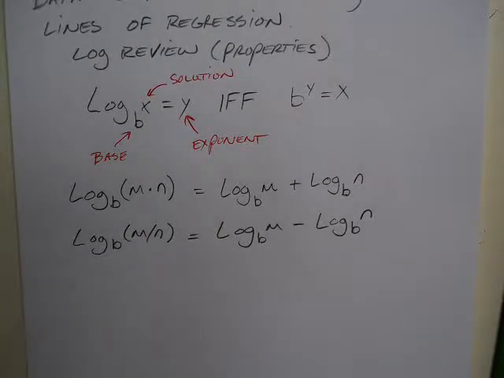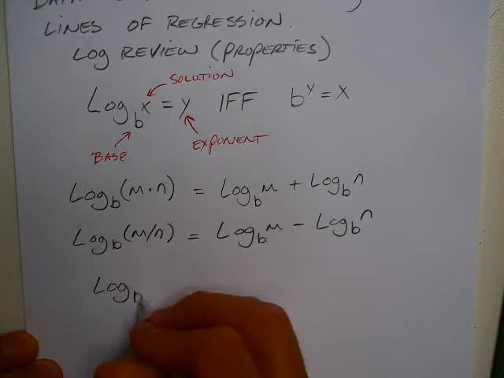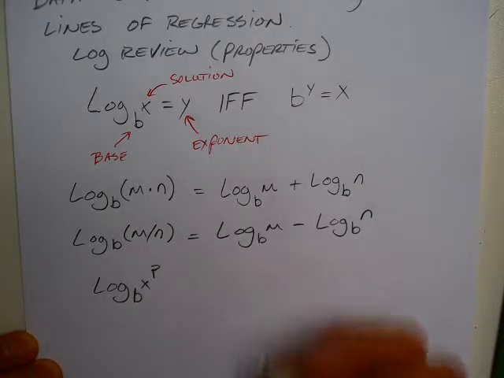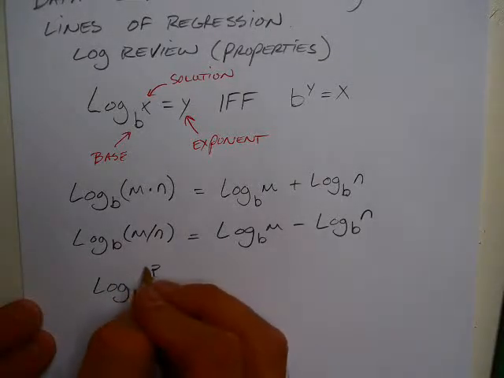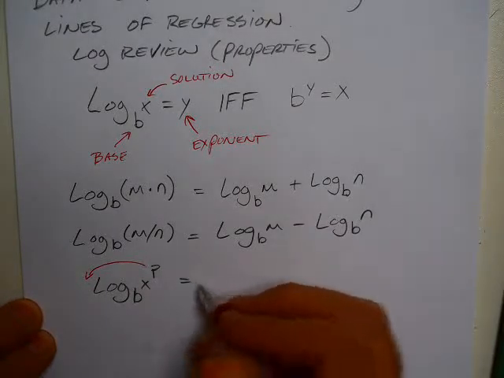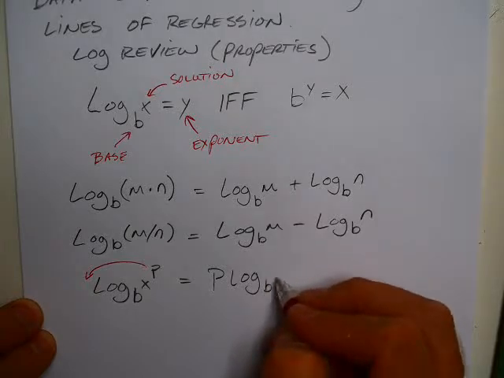And the last one, log b of x to the p power. What we can do is bring that exponent, the p, to the front and say this is p log b of x.